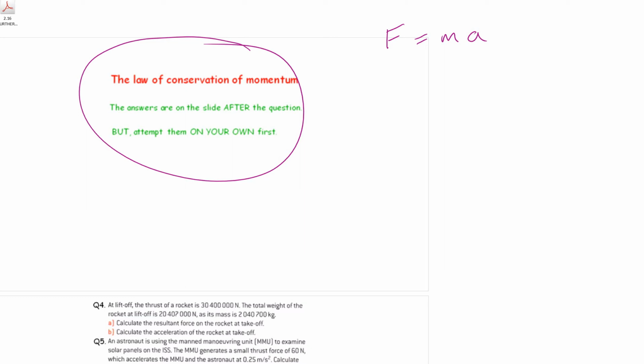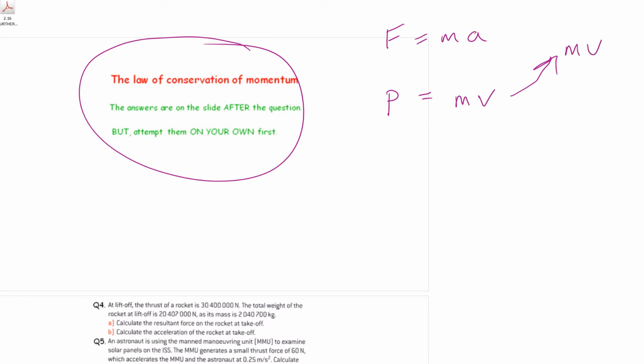If an object accelerates, its velocity must also change. Now we know momentum is mass times velocity. If that object accelerates, we get a change in momentum.